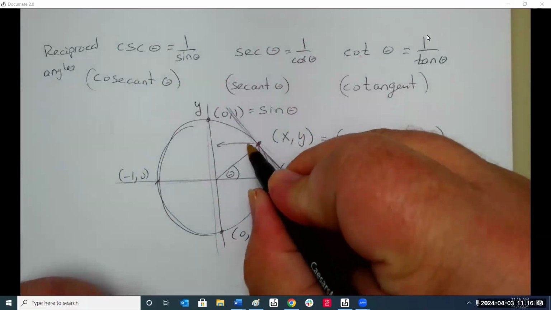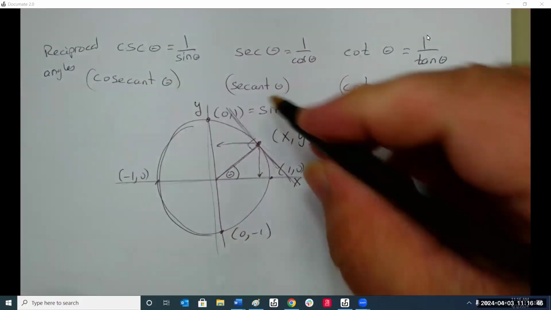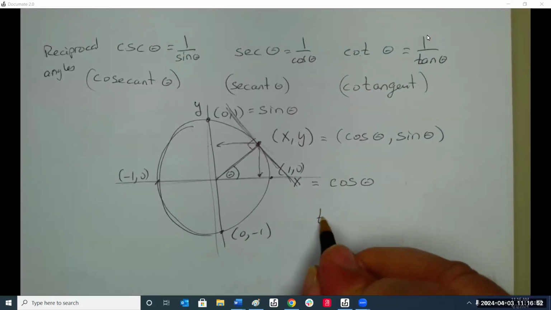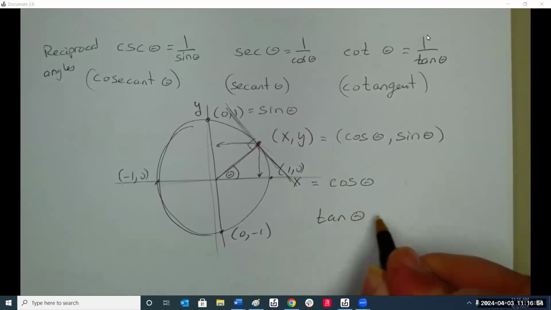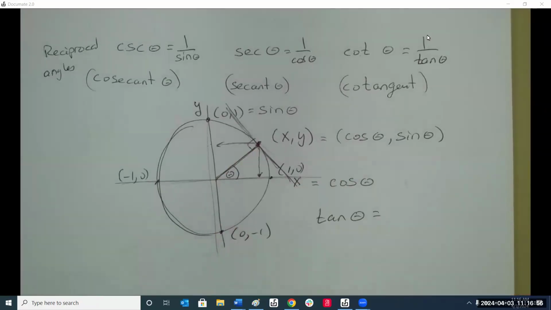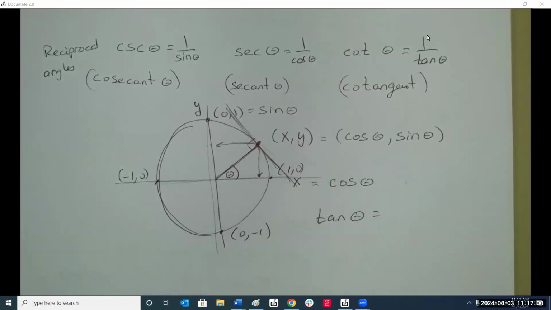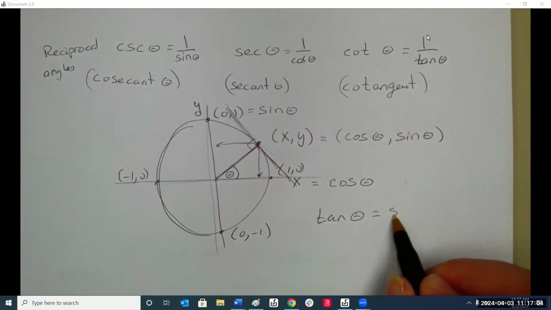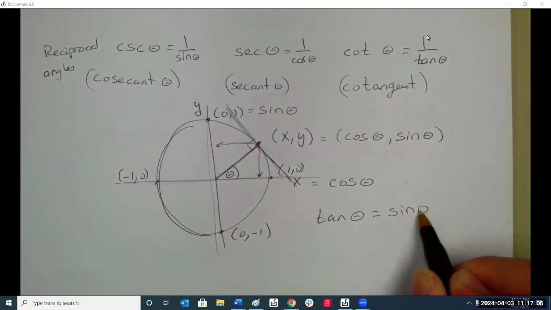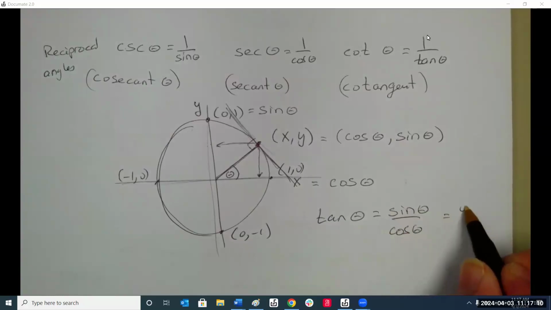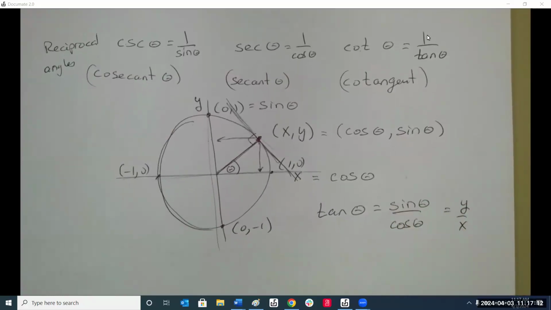Yeah, it forms a 90-degree angle to the radius, and it just touches that curve at one point. That's tangent at that angle. So since it's a point, it's got to deal with the x and y components, or the y over x.